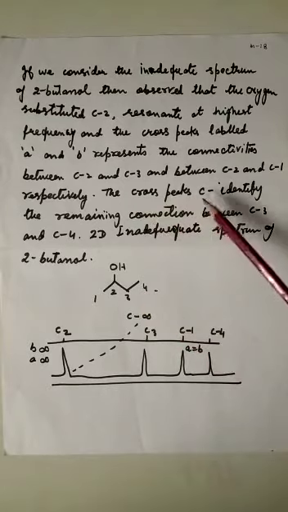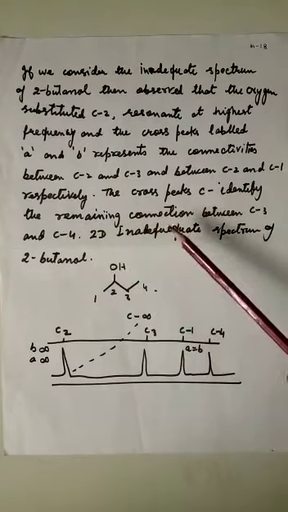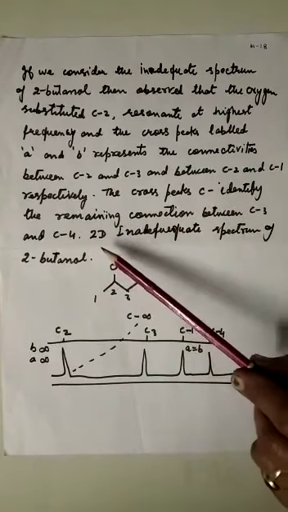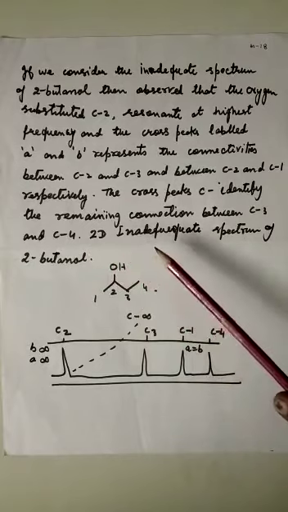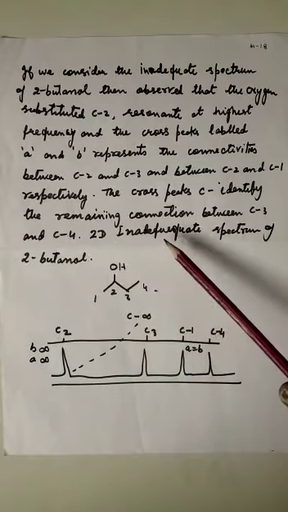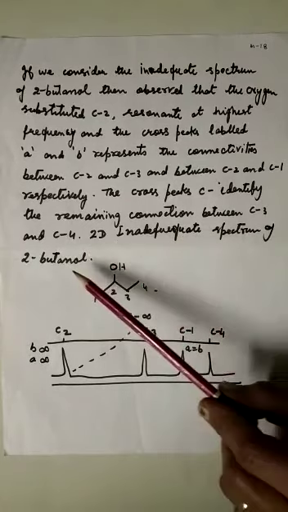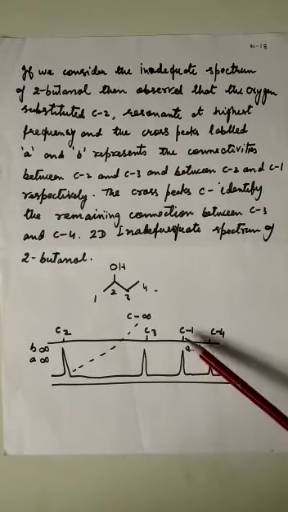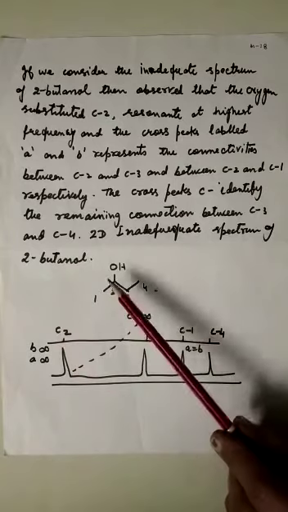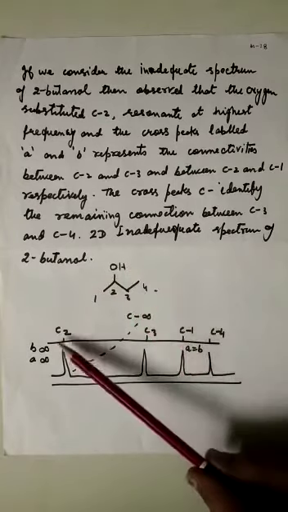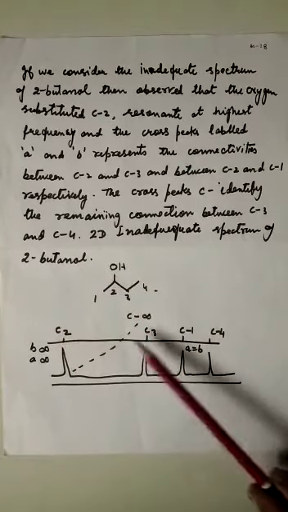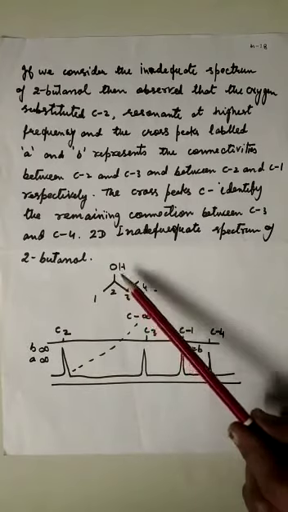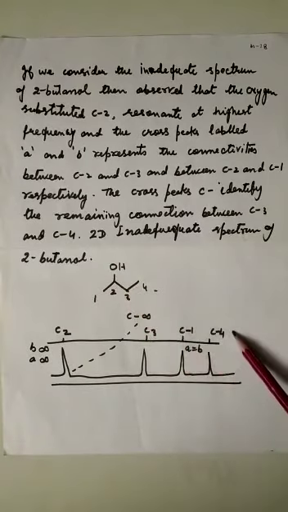So the cross peak identifies the remaining connection between C3 and C4. The 2D INADEQUATE spectrum of 2-butanol is like this: C1, C2 at the downfield due to the electronegativity of the oxygen atom, C3 here again, and C4 here.